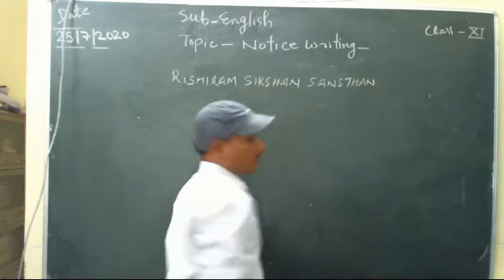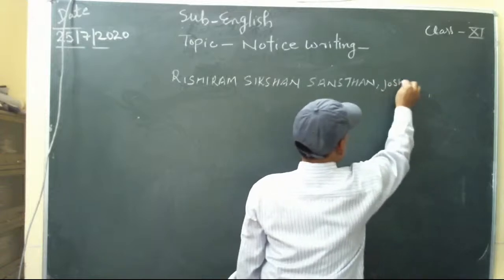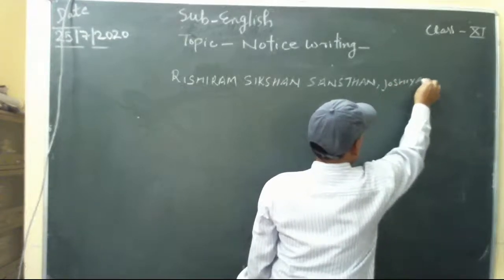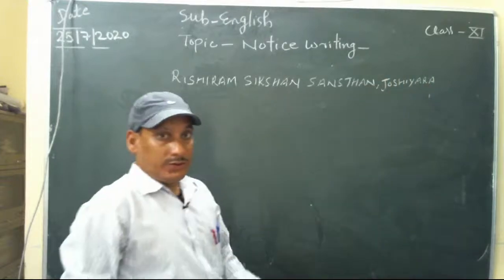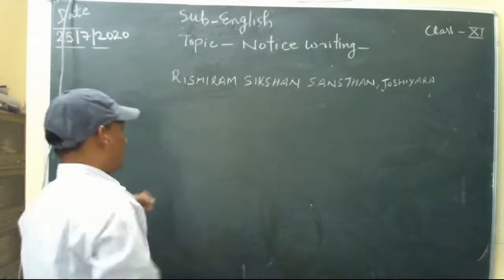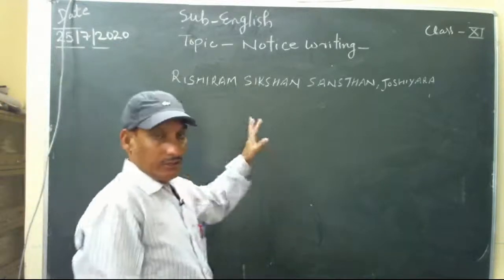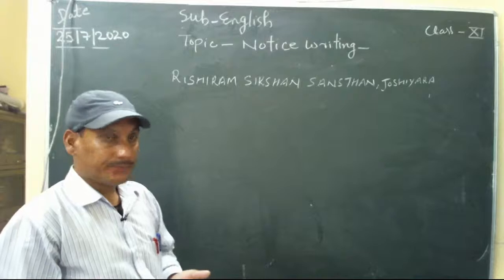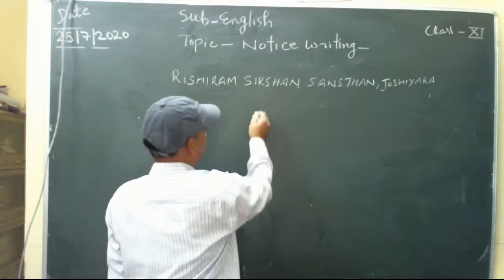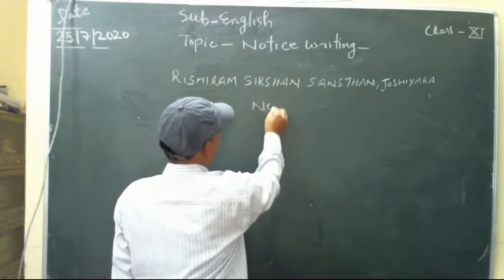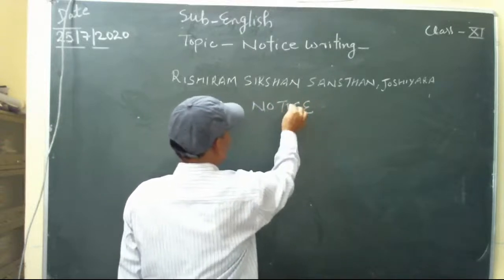This is the name of the school, and also mention the place where it is located. Now what is the next step? Now you have to leave a line and write the word notice in block letters.